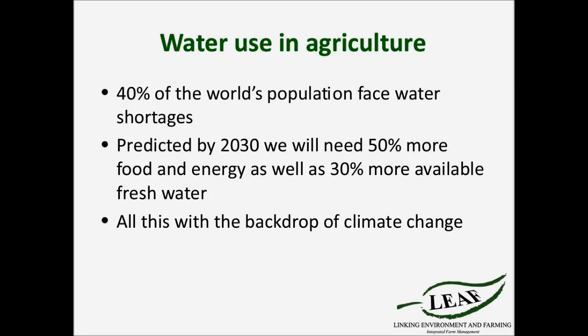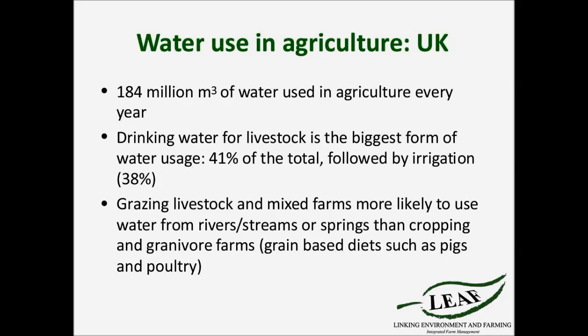And that brings big challenges for the farming sector, as well as obviously other people in urban and rural areas. So for agriculture, in the UK we use 184 million cubic tons of water every year, with drinking water for livestock being a substantial part of that, and irrigation at 38%.